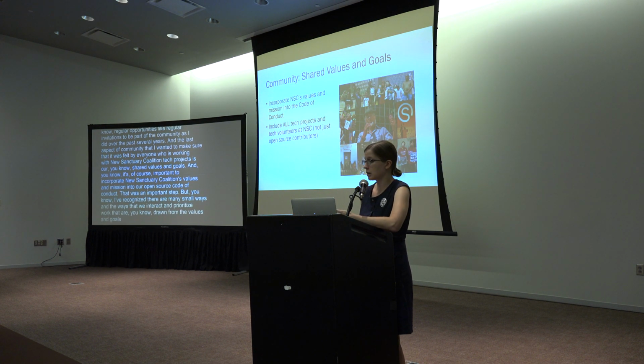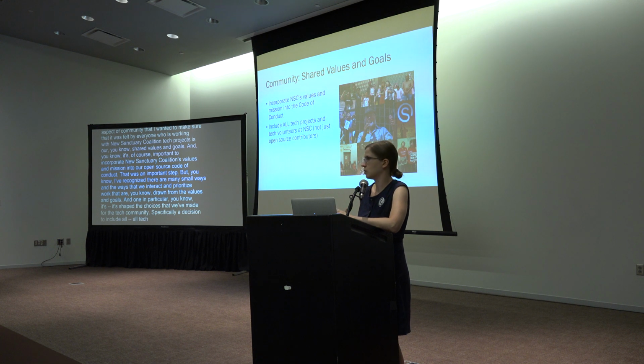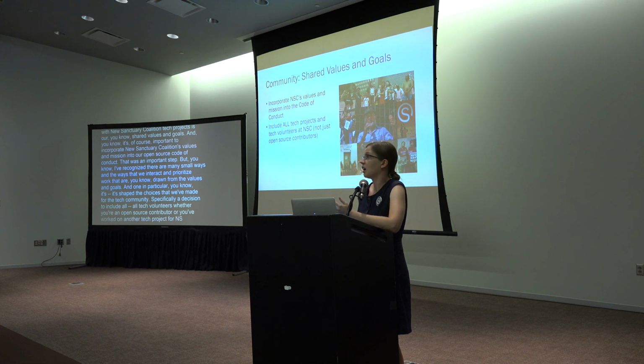And one in particular has shaped the choices that we've made for the tech community, specifically the decision to include all tech volunteers, whether you're an open source contributor or you've worked on another tech project for NSC or a combination.